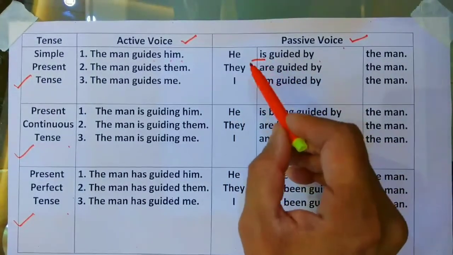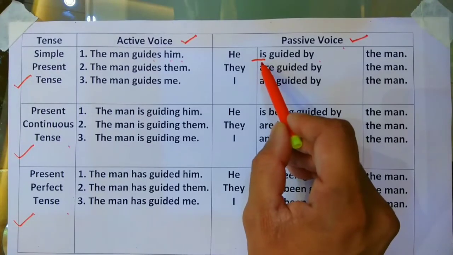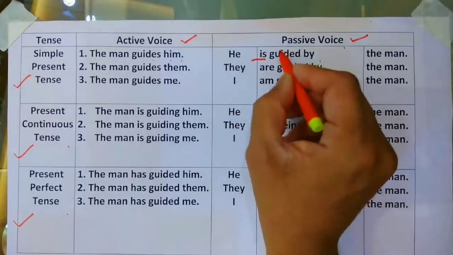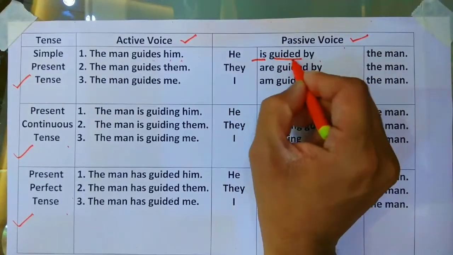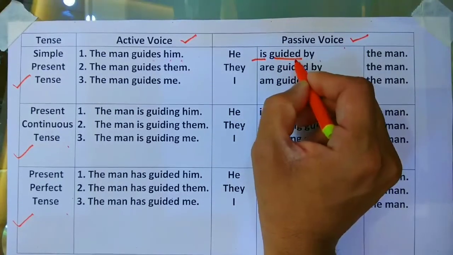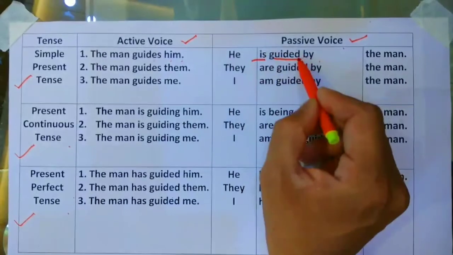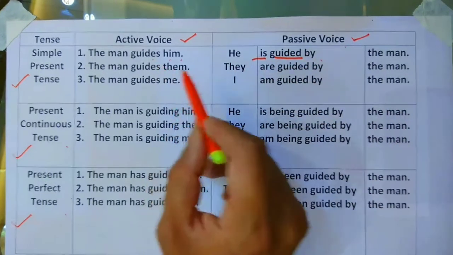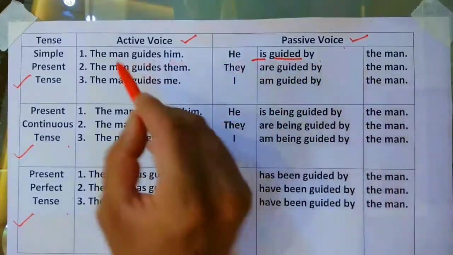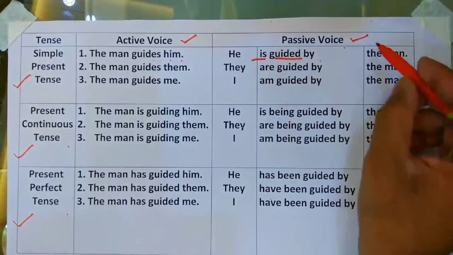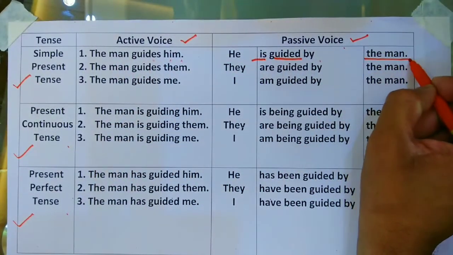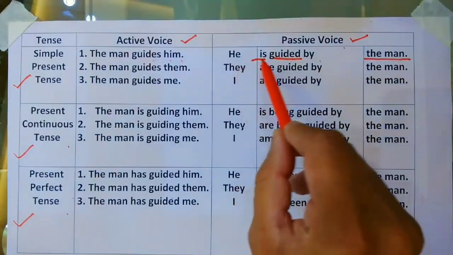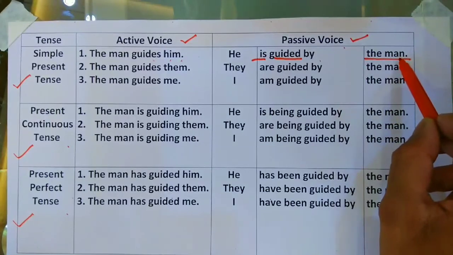Once we write the helping verb is, then we have to write down the third form of the verb or past participle form of the verb guide here. Then preposition by, then we shift or swap this subject at the end of the passive sentence, and therefore the passive sentence is he is guided by the man.